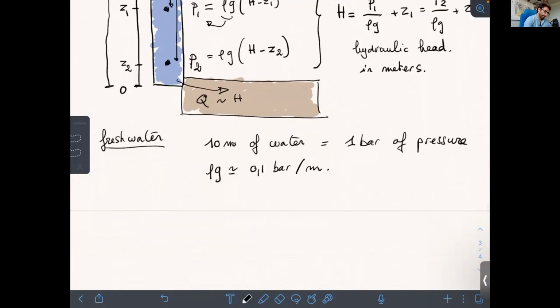So if we take P over rho G, 1 bar over 0.1 bar per meter, I have 10 meters of head. Okay, so that's the definition of hydraulic head.